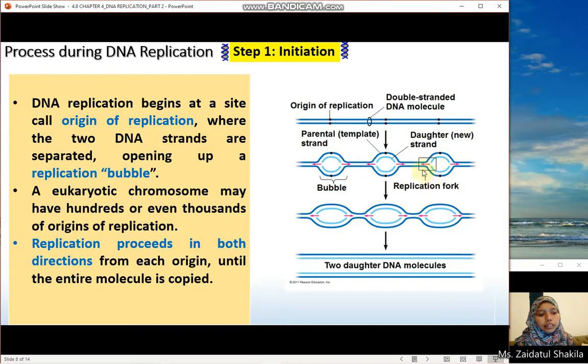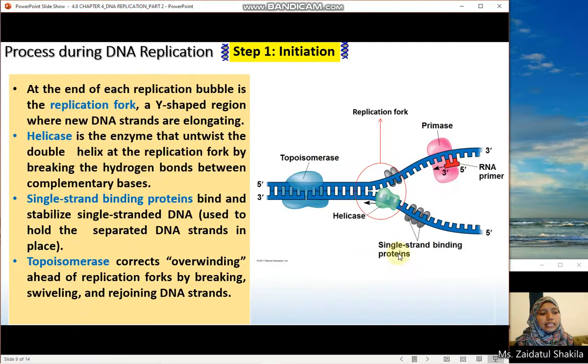A eukaryotic chromosome may have hundreds or even thousands of origins of replication, and replication proceeds in both directions from each origin until the entire DNA molecule is complete. At the end of each replication bubble is the replication fork, which is a Y-shaped region where new DNA strands will be elongating.